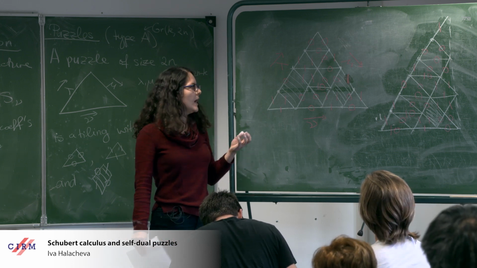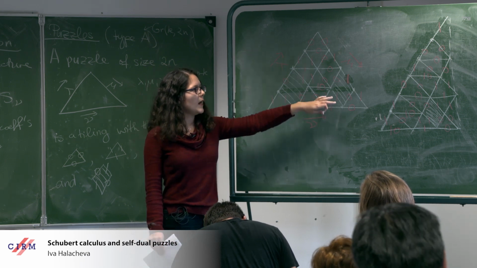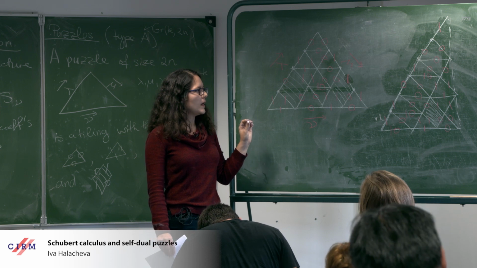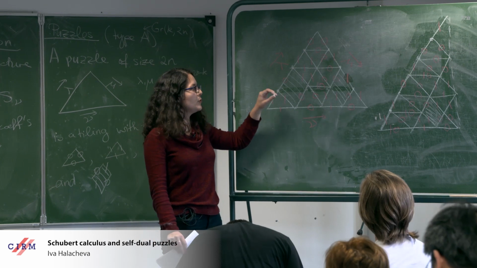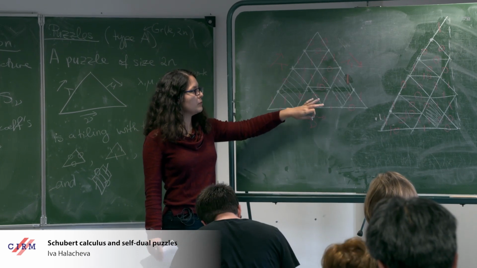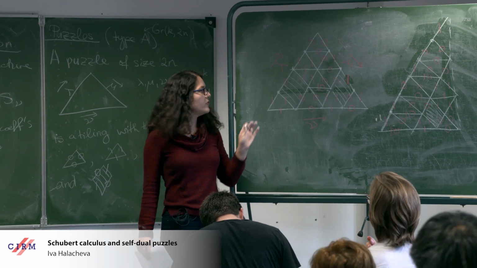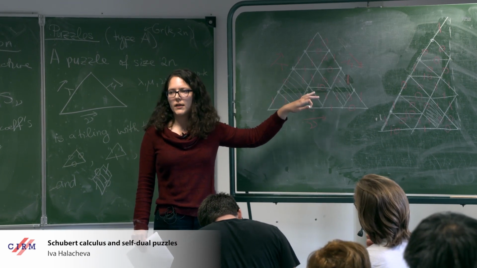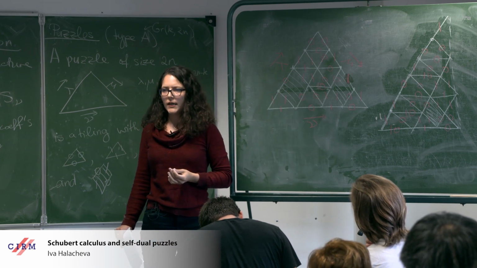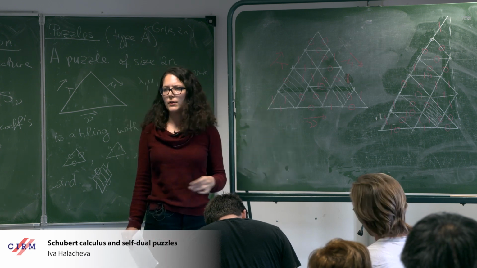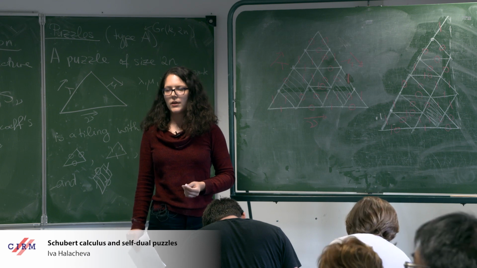Only recently it's been realized that even though we're thinking of one-step flag varieties, in order to fill in these puzzles we really need to think about SL3 rather than SL2. So the interior involves a representation for SL3. So these 1, 0, and 10 are really the weights of an SL3 representation.